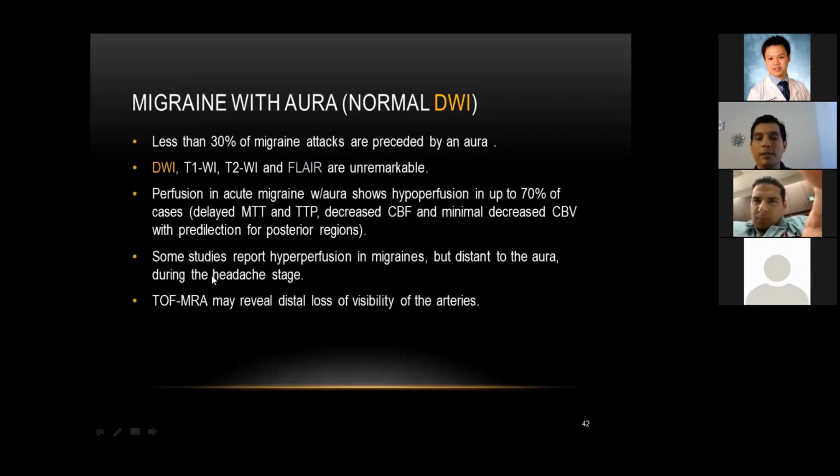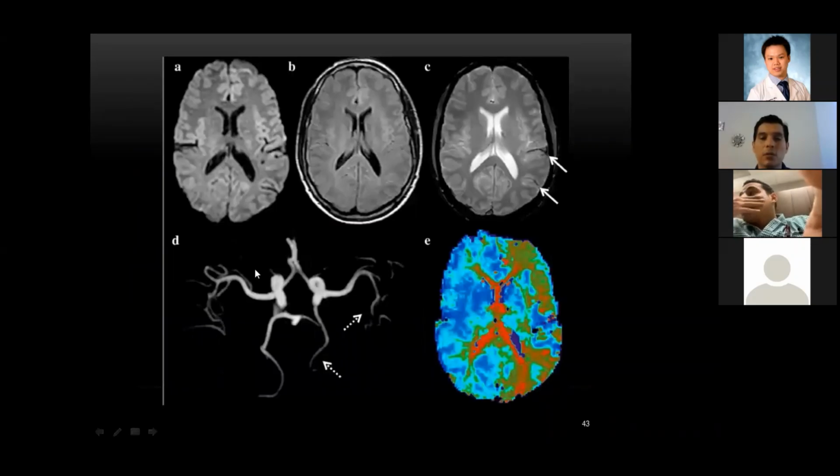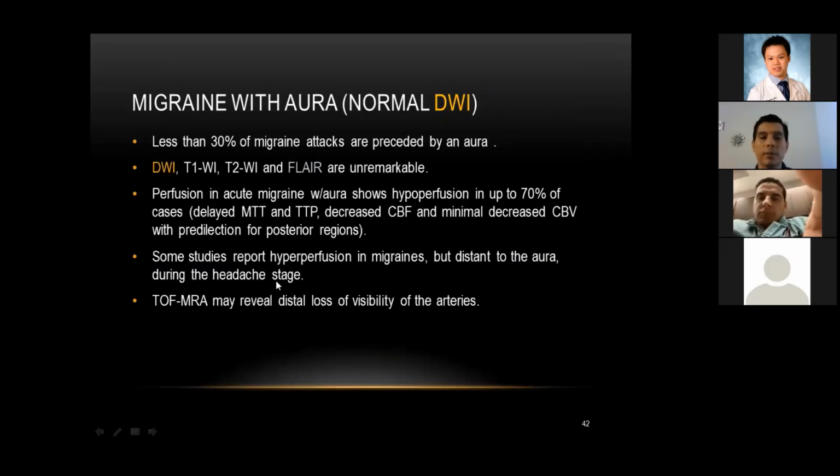But in this stage, we can differentiate this from a stroke. And TOF MRI could reveal distal loss of visibility of the arteries. If this happens, it could be true about these changes that the literature describes.